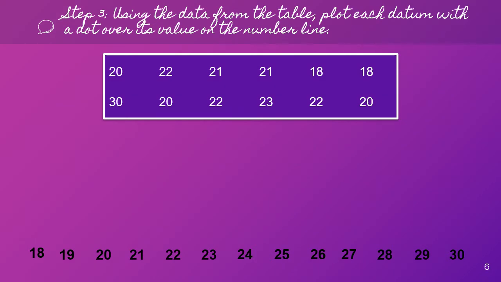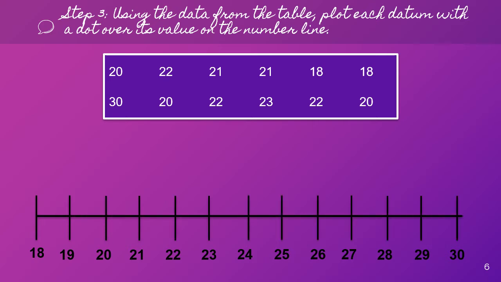After step 2, let's proceed to step 3. Using the data from the table, plot each datum with a dot over its value on the number line. Again, this is the number line. For 18, we have 2 dots. Next, for 20, we have 3 dots.